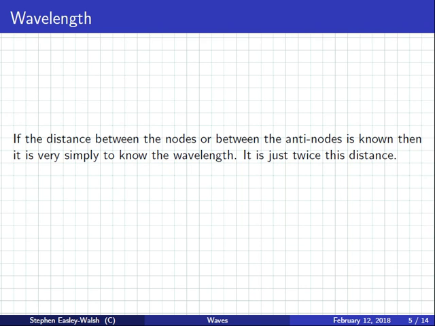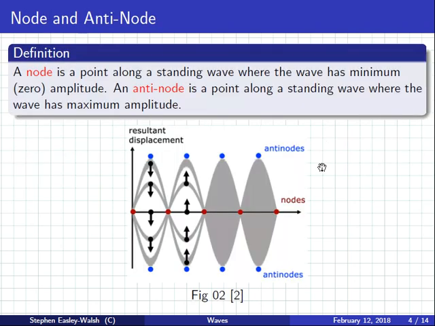This is something that catches students out in the exam. Sometimes the question gives them the distance between the nodes, and they're not thinking, and they write down that that's the wavelength, okay? So it'd be good to make a note of this, so you don't make that mistake. I don't think I need to draw it, because everybody got it okay. Can you picture that? If we go back to this one, this is actually one wave here.